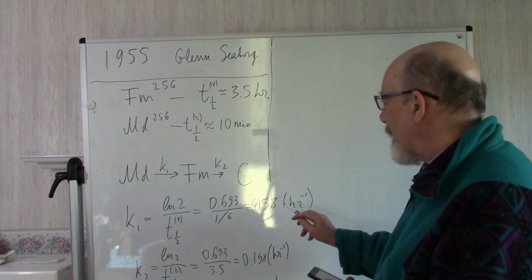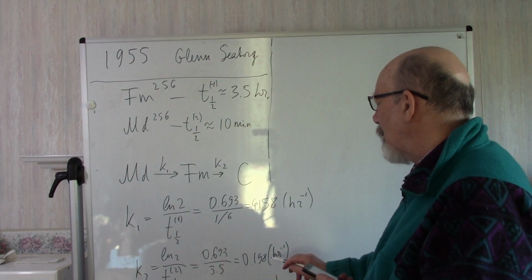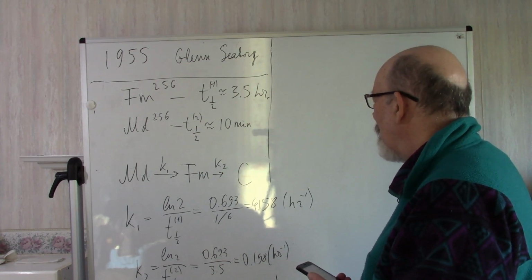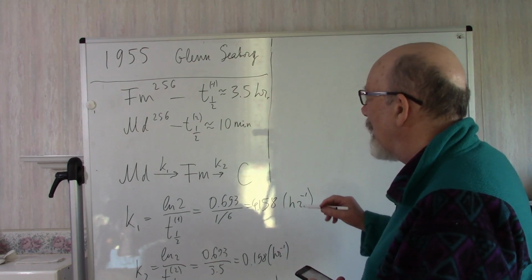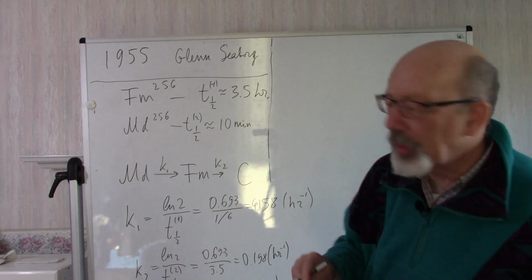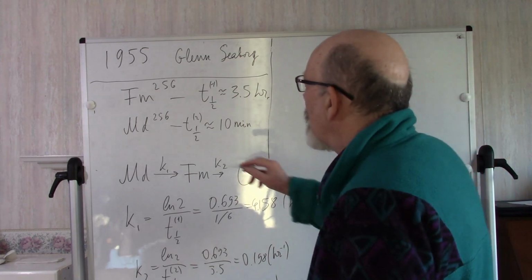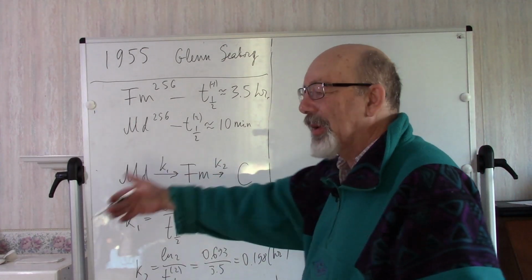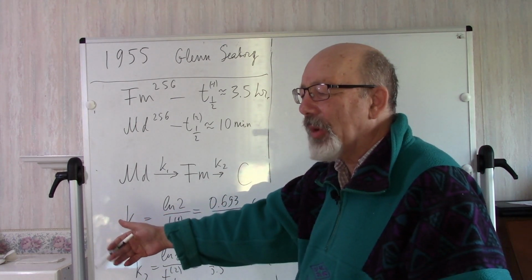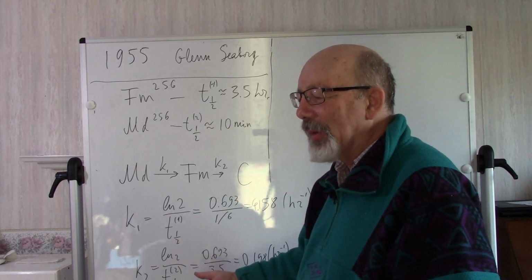So we see that K1 is much more than K2. This means that we have the first situation. So almost all Mendelevium first very fast decays into fermium, and then fermium decomposes.